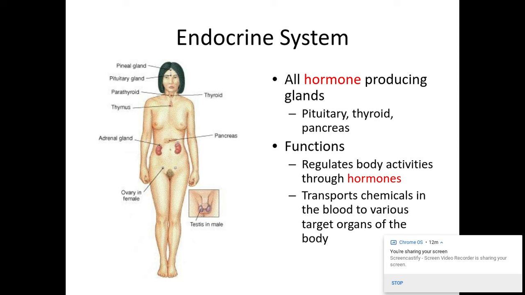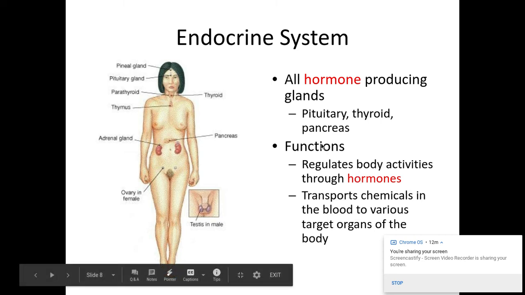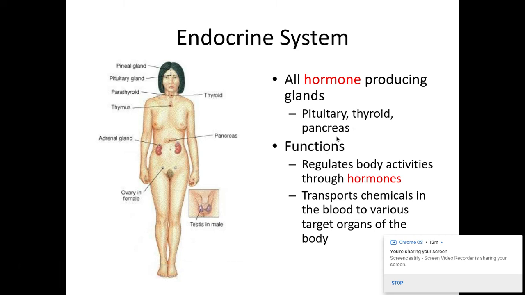But just know that the endocrine system is responsible for regulating that. The thyroid gland is very big on your metabolism, things like that. So people can have an overactive thyroid or underactive thyroid, and that can affect their ability to utilize nutrients. It also allows for chemicals in the blood to target the organs of the body. So if we're talking about the pancreas, you have sugar in your blood, and then your pancreas produces insulin.